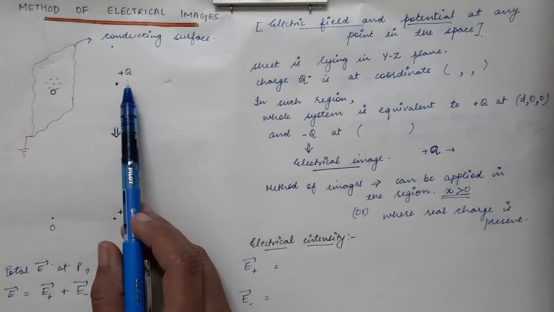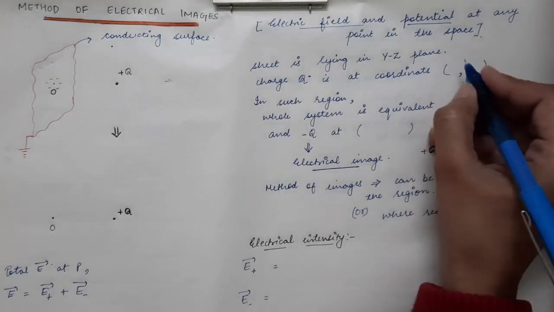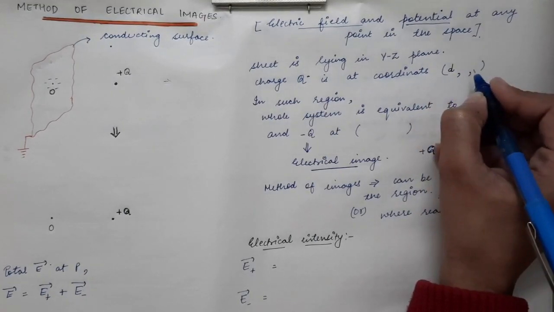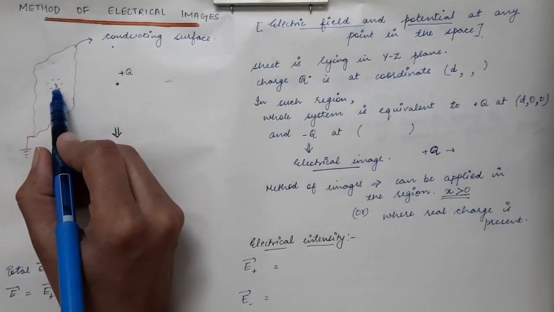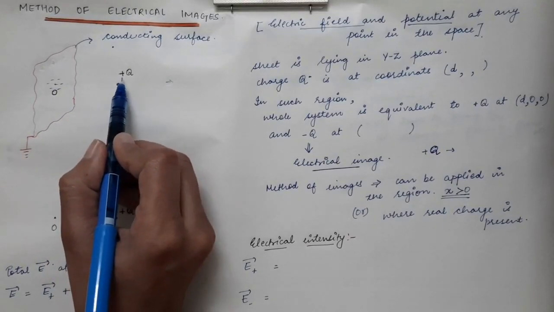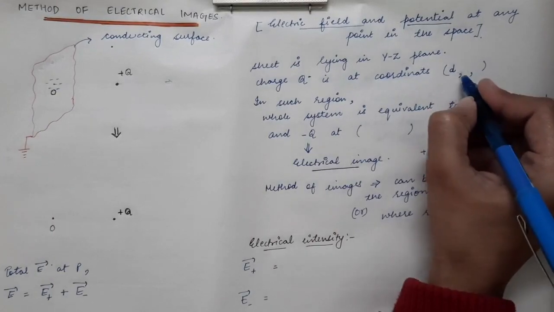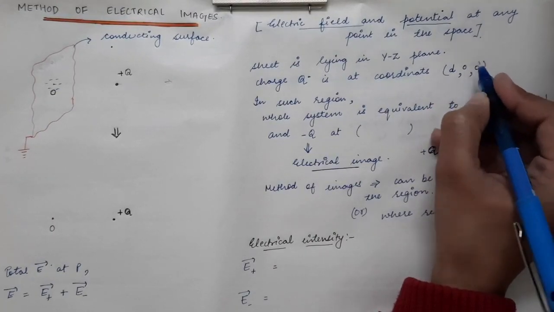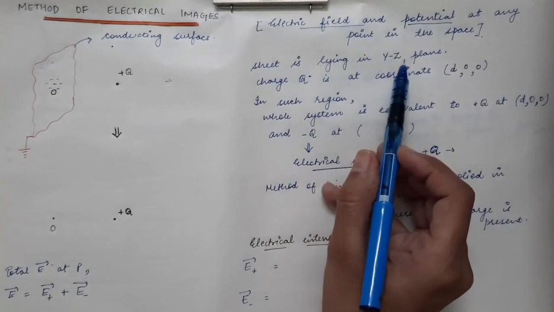So this plus q charge, let's say it is placed at a distance of d, and let's consider this axis to be the x-axis. So the coordinates of plus q charge will be d, 0, 0. The sheet is lying in the yz plane.